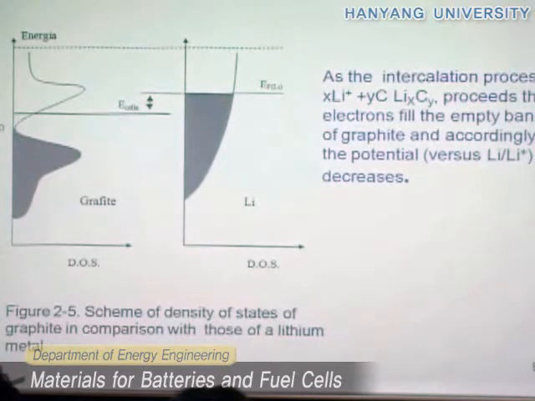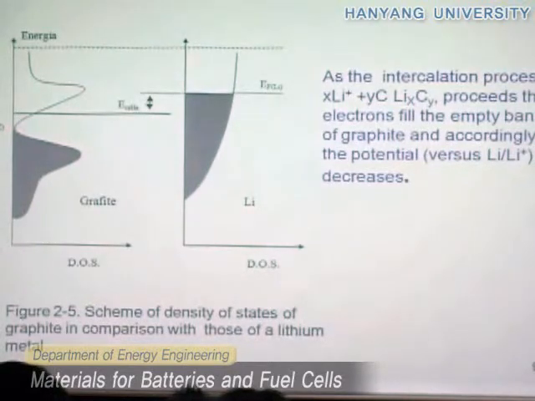Now here we have graphite, and graphite is a semi-metal. Here we see filled energy states and empty states.